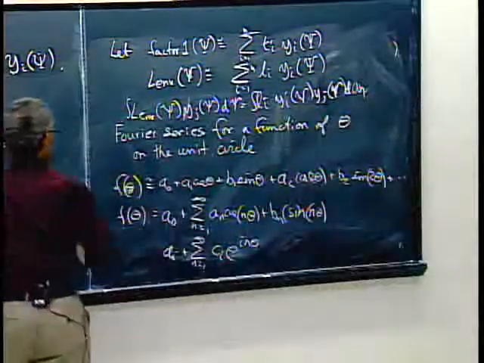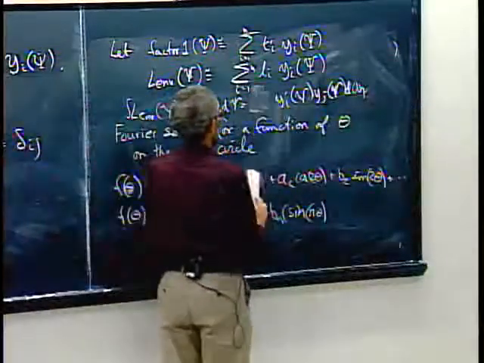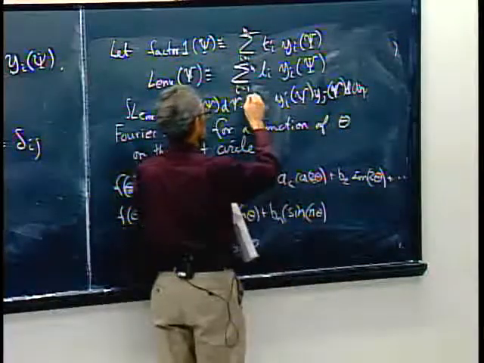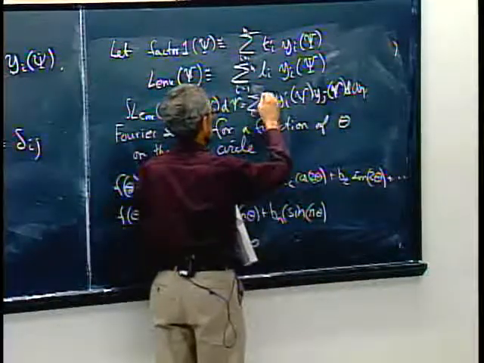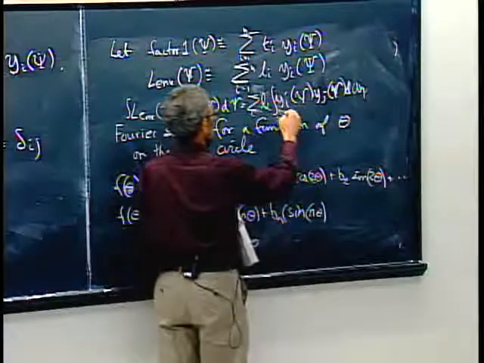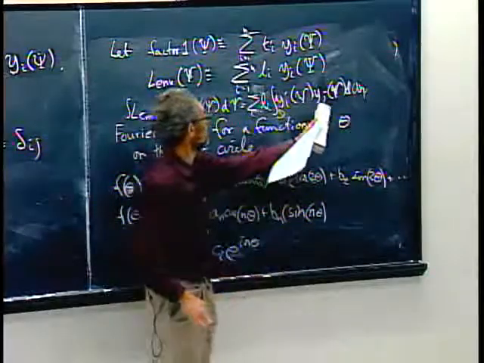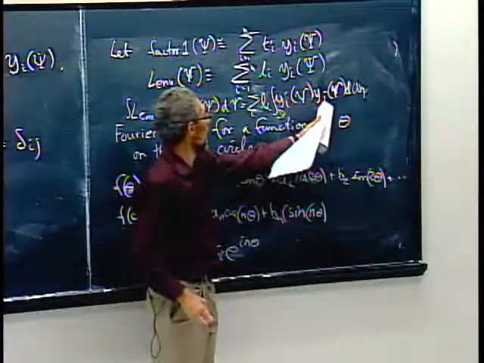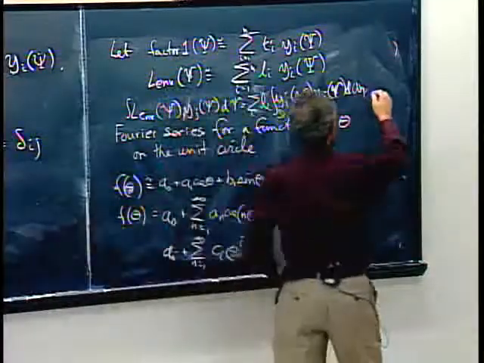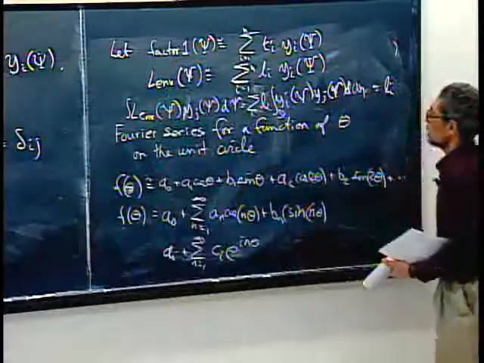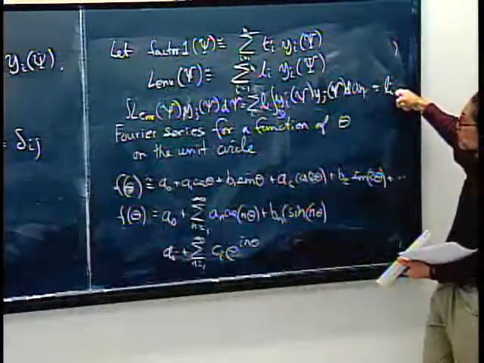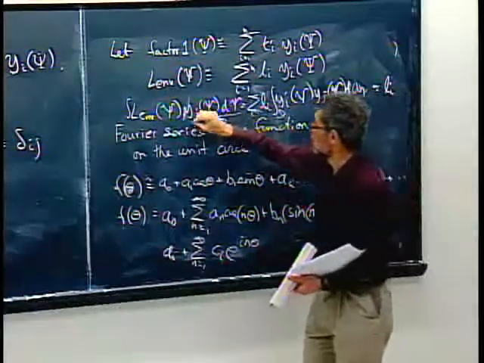I forgot my summation. Over the sphere, this is only true if j equals i, in which case it's 1. So this is just L_i.